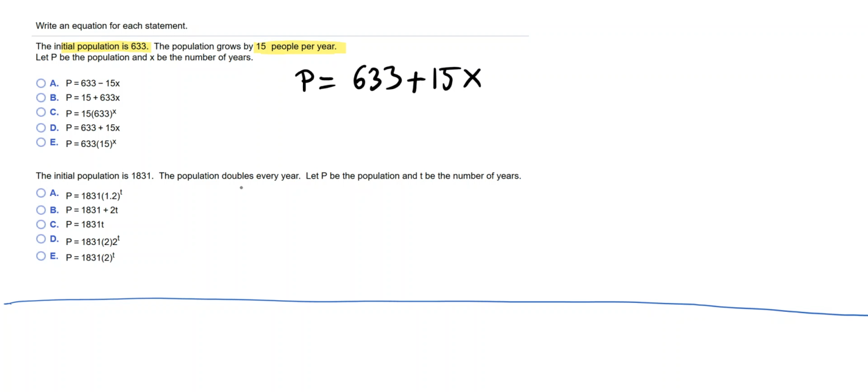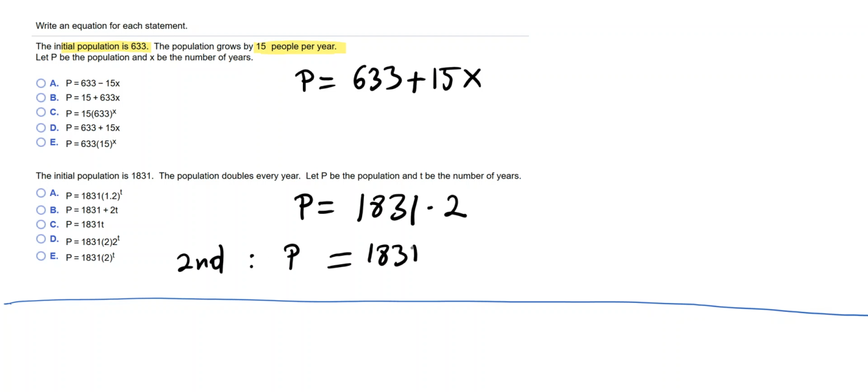If the population doubles every year, basically that means that I start with, it says, 1831, and it doubles. So the first year will be times 2, right? And then the second year, the population will be whatever it was the first year. So 1831 times 2, double that, right?